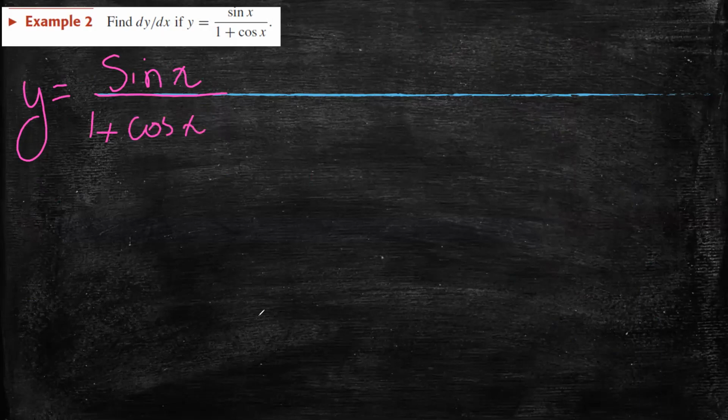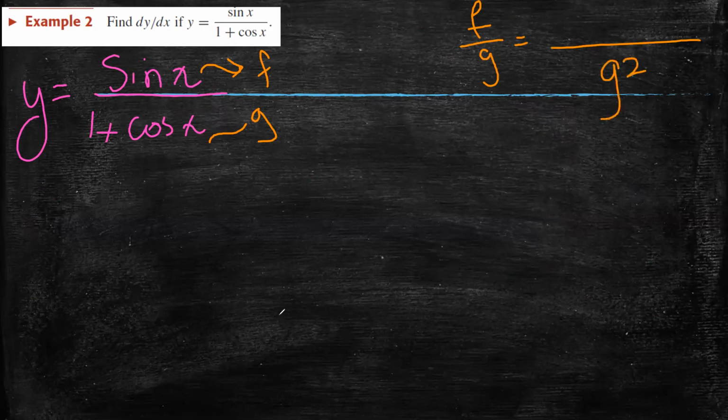As we did in the quotient rule, let's name this f and this g. Then f over g, its rule was the quotient rule: g squared in the denominator, and g times f prime minus f times g prime. Is it right? Yes.